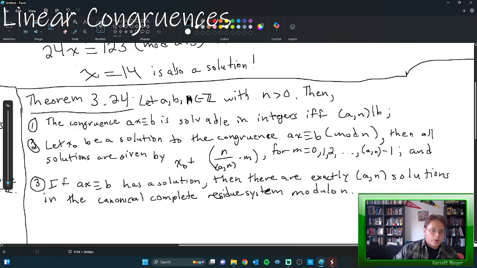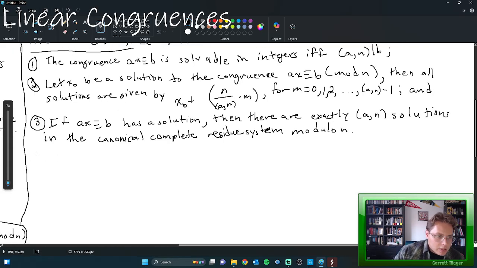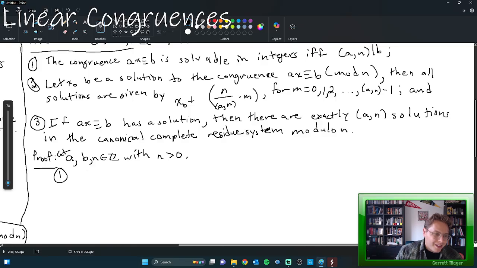Okay, so that is the statement of our theorem. And now let's go and prove each of these steps one by one. So proof, we'll just define a, b, and n for every single problem here. And then we'll also briefly prove number one.